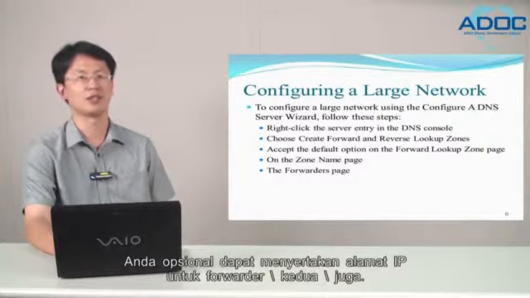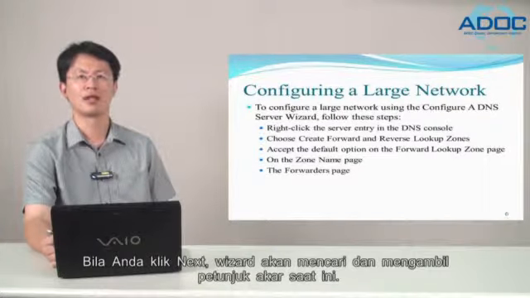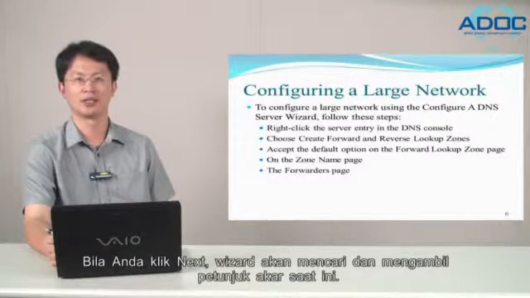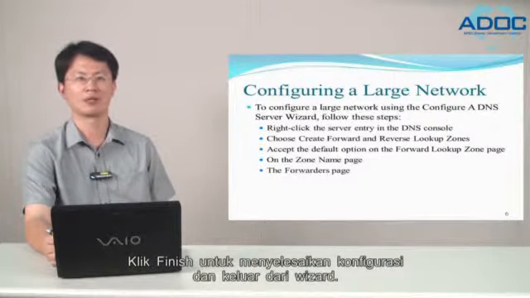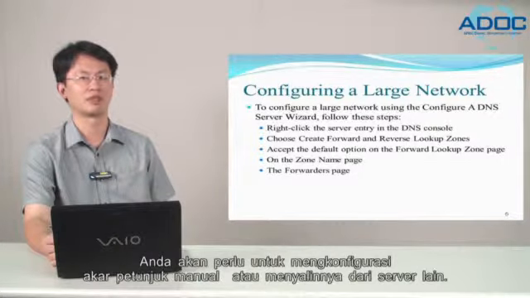Then you can optionally include the IP address for a second forwarder as well. When you click Next, the wizard will search for and retrieve the current root hints. Click Finish to complete the configuration and exit the wizard. If there is a problem configuring the root hints, you will need to configure the root hints manually or copy them from another server.